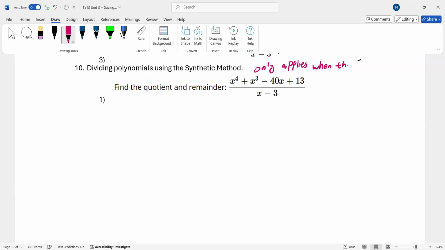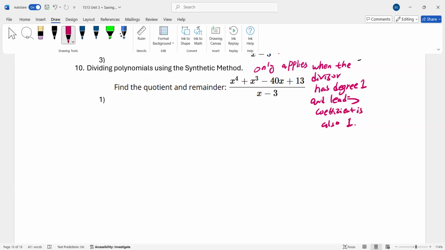when the divisor has degree 1 and the leading coefficient is also 1.